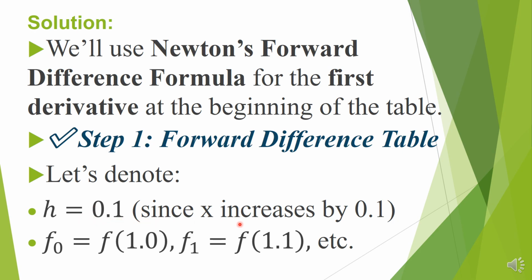Since x is increased by 0.1, the initial value x naught is given 1.0, f naught. Same f1, x1 is 1.1 and etc.